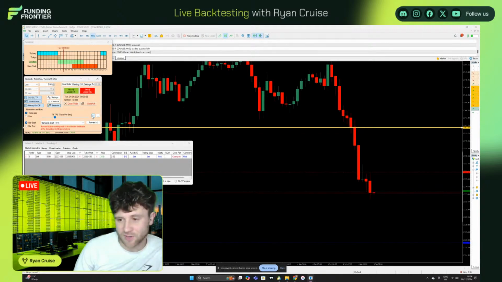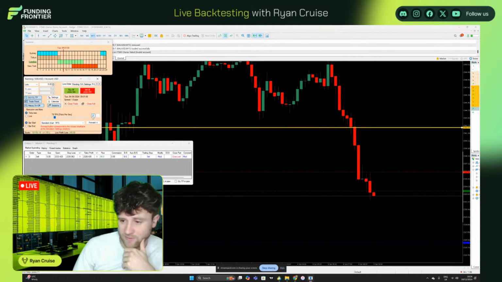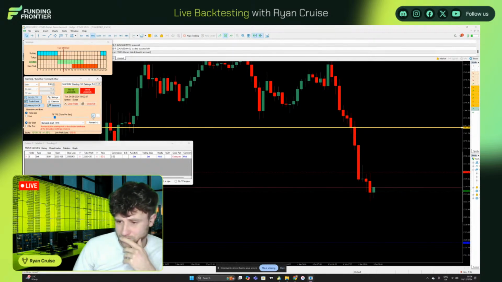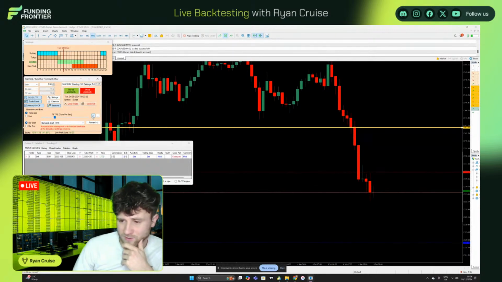Okay, we've held. A couple of pips in profit at the moment, but with the nice bearish structure still, we've still got a lot of that wick fill to go, so we can break that previous low. Still nice bearish structure. If we can just break that previous low, it'd be looking real nice.